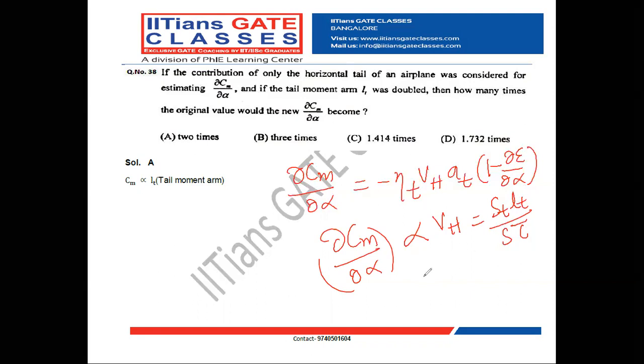So dou Cm by dou alpha is directly proportional to the tail moment arm. When the tail moment arm is doubled, dCm by d alpha is also doubled. So option A is the correct answer: the new dCm by d alpha will become 2 times.